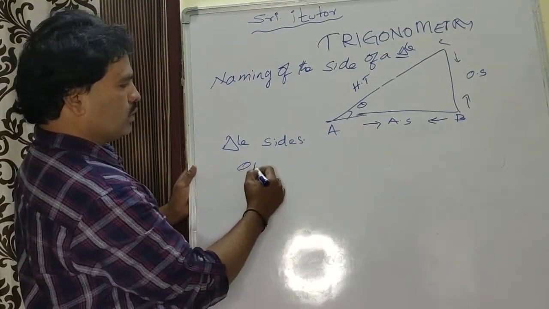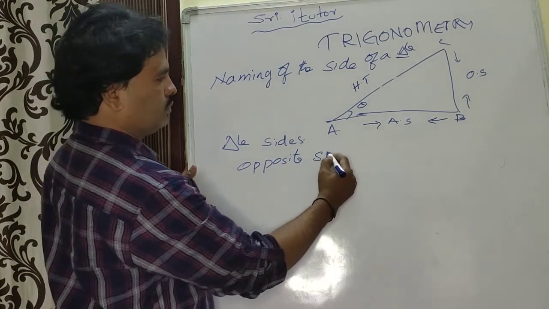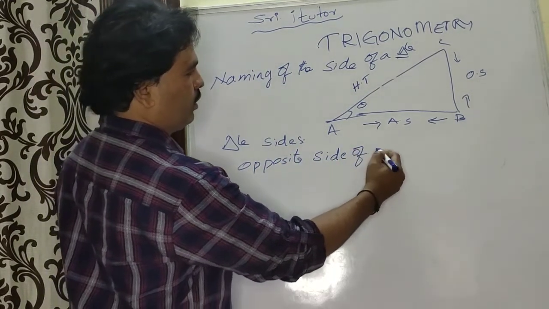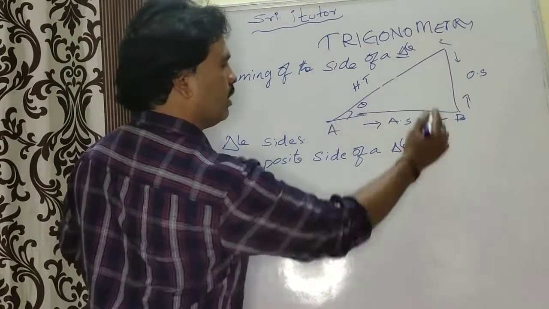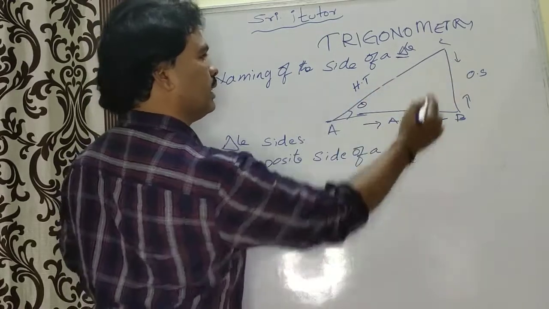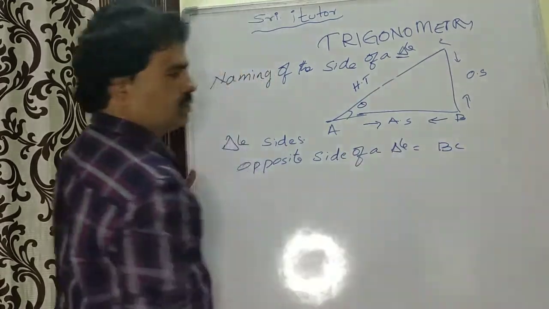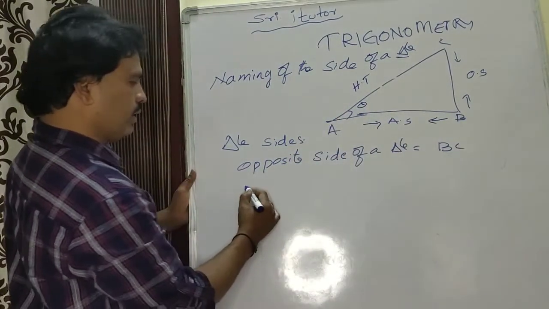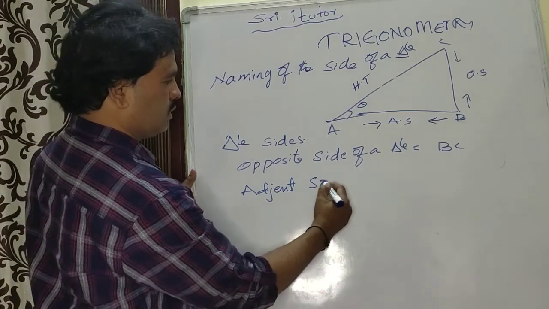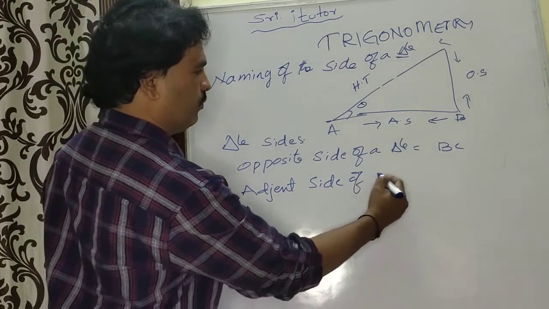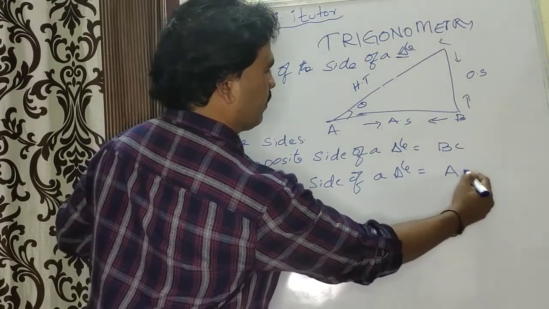The opposite side of the triangle is BC. Next, the adjacent side of the triangle is AB.